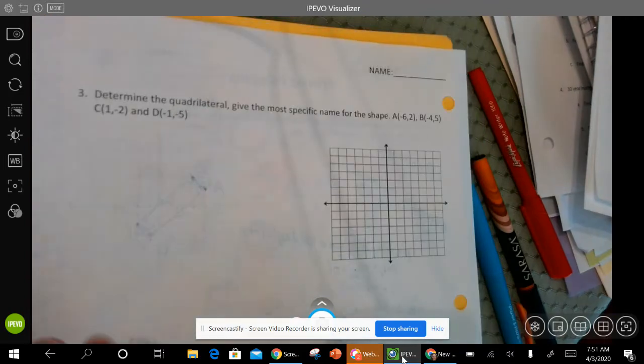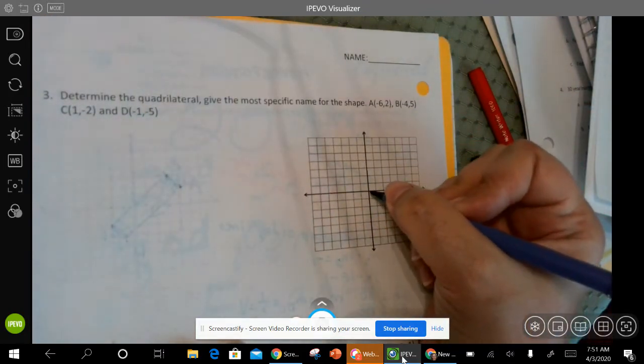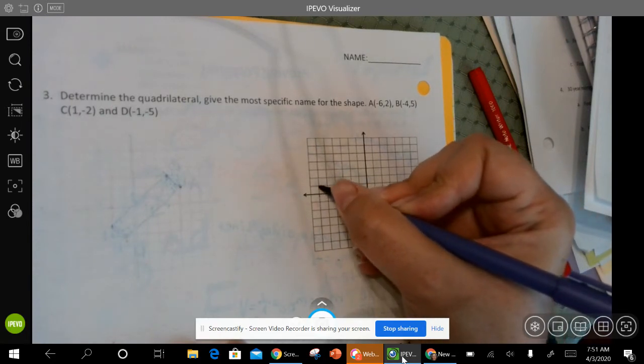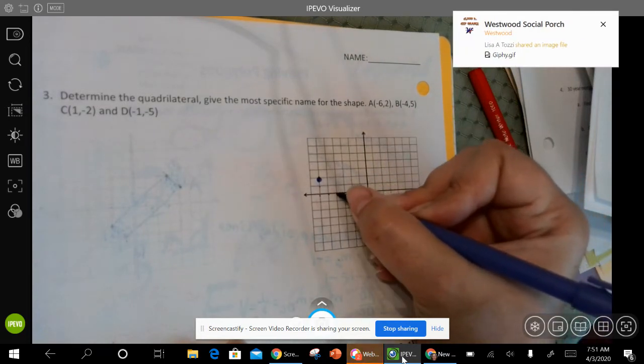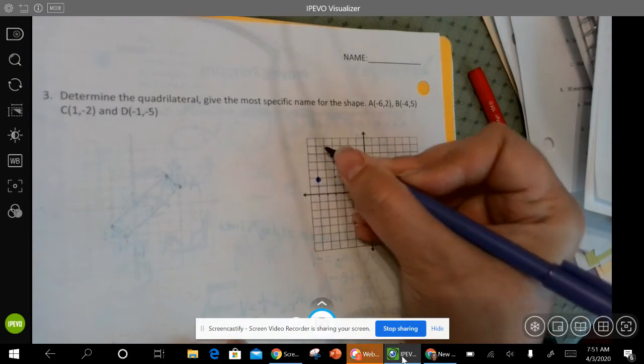Okay, other side. So it says determine the quadrilateral given the most specific name. So you know what we're going to do. When in doubt, graph it out. So we're going to graph it.